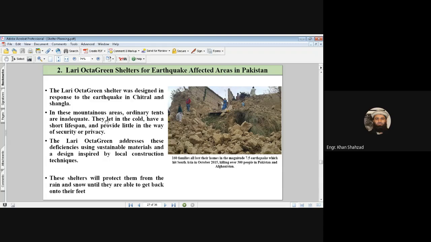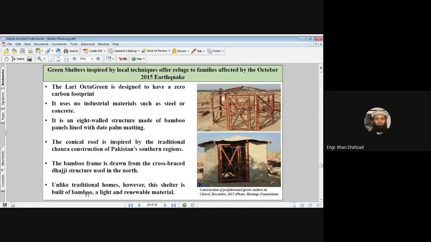The Lari Akta Green addresses these deficiencies using sustainable materials and a design inspired by local construction techniques. These shelters will protect them from the rain and snow until they are able to get back on their feet, go back to their own houses, or make their own houses.